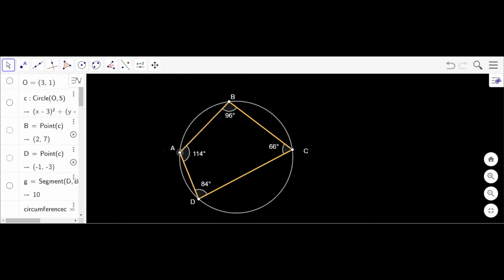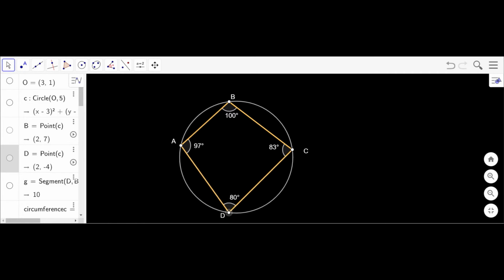It's no longer a quadrilateral. Similarly, if I move this 80 here, I have the 80 and the 100 staying the same, but the others are changing as I move this point around. So that's the big idea.